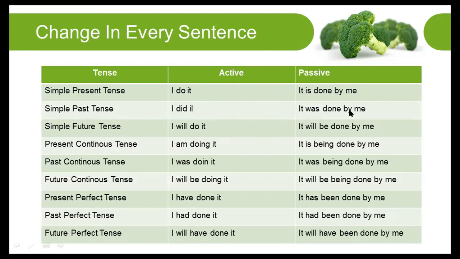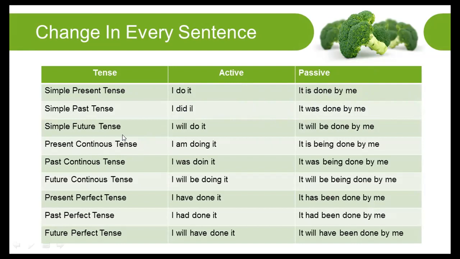Don't forget to put by, and we change the pronoun I to me. This is the simple past tense: I did it becomes, in passive, it was done by me.